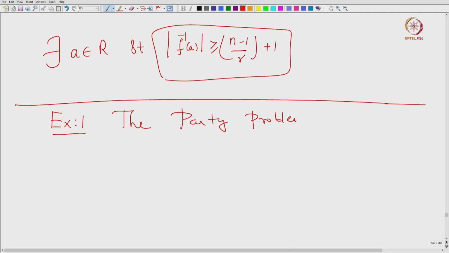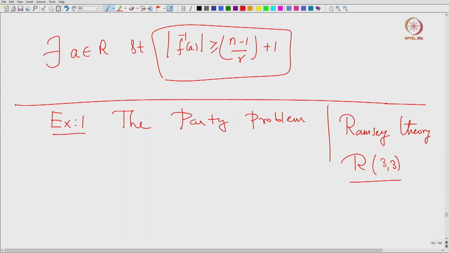It is a somewhat well known problem, easy to state, and it is part of this bigger theory called Ramsey theory, which I am not going to get into. Indeed, the Ramsey number R of 3 comma 3 is what we are interested in.